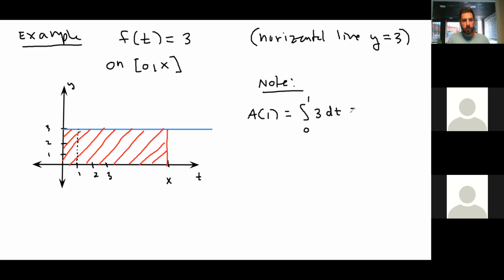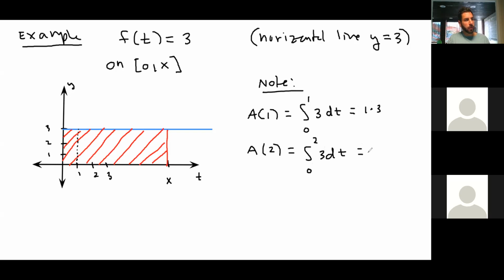What is it? It's a rectangle of width 1, height 3. So you could think of that as 1 times 3. What's A sub 2? That's the integral from 0 to 2 of 3 dt.